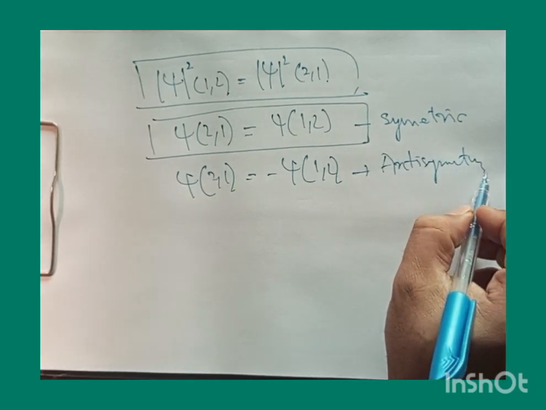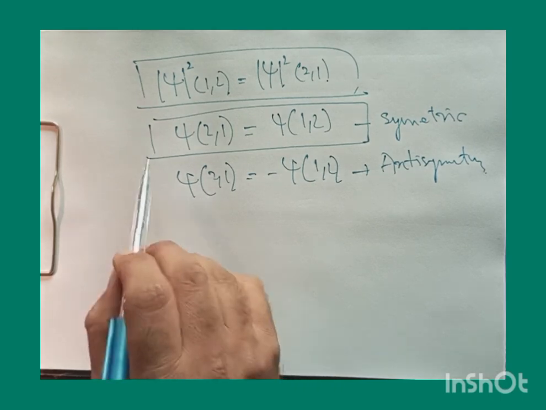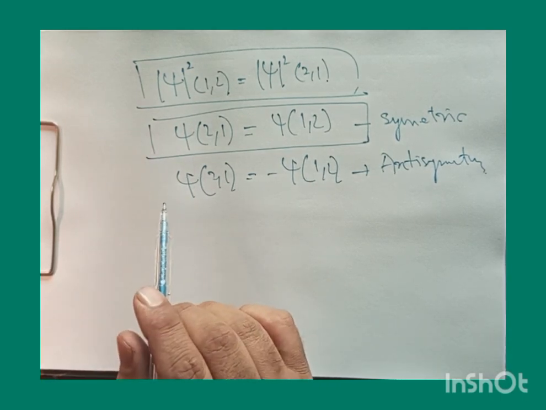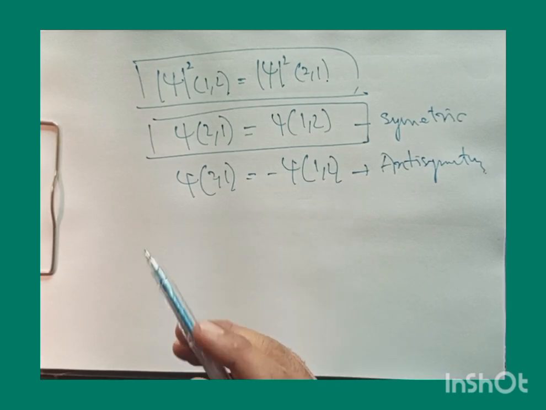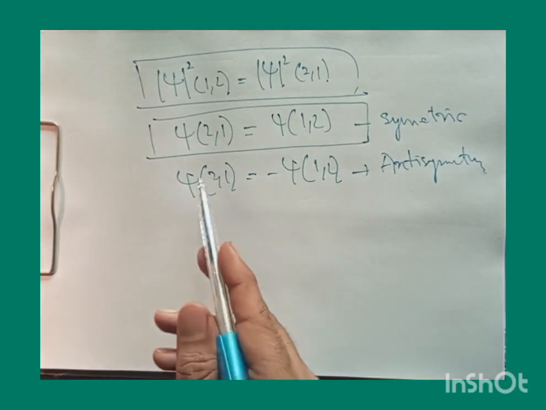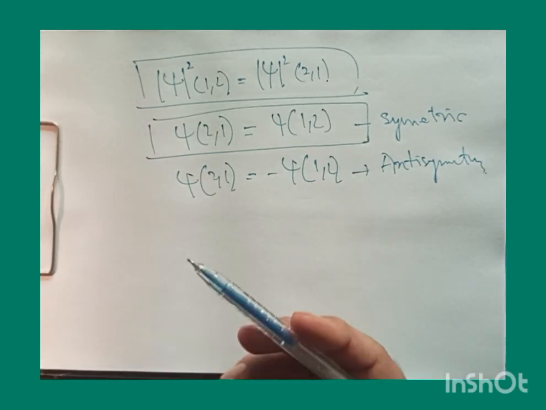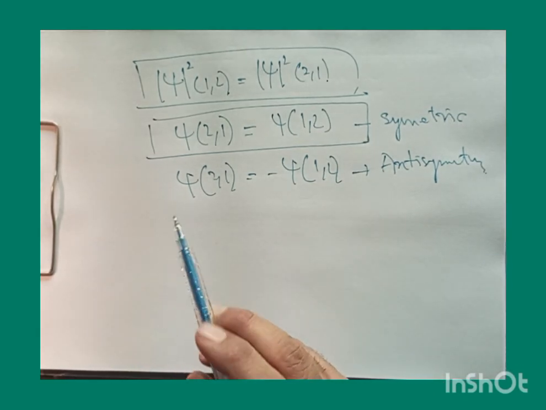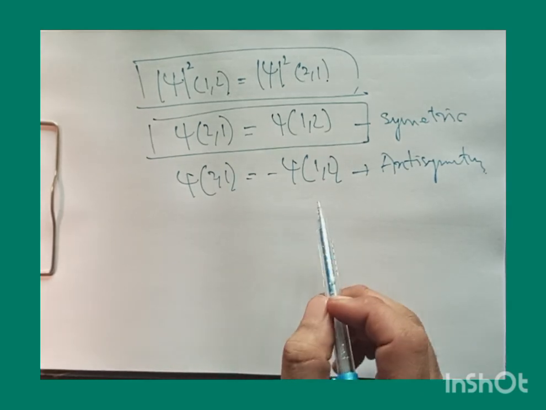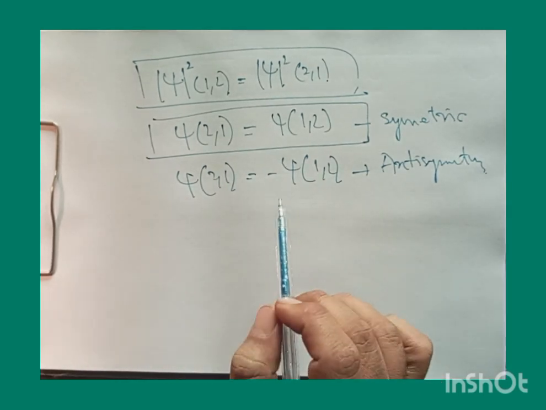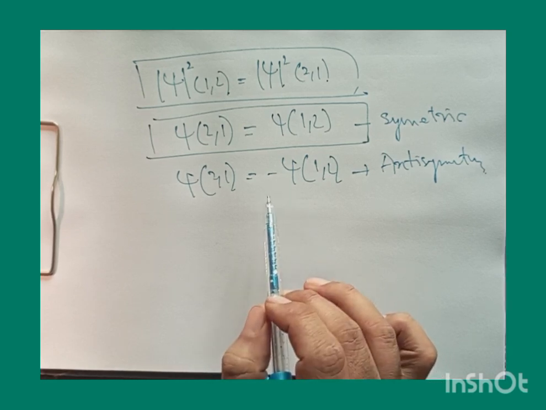Now the question arises: the wave function of the system is not itself a measurable physical quantity. We understand that, and so it can be altered in sign by the exchange of particles. So if we exchange the particles, that exchange can lead to a change in sign, or to no change in sign.